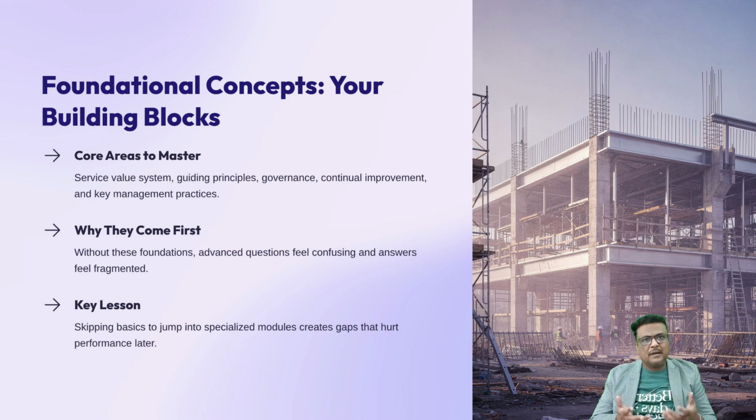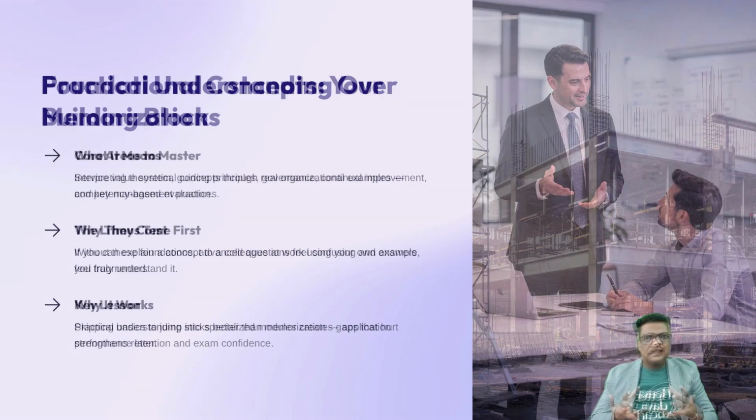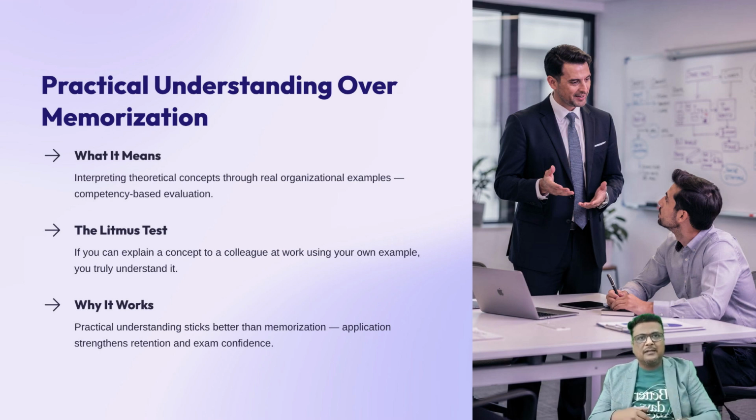So now that we've mastered core knowledge, you might be wondering how to balance theory with real-world examples. And that leads us into practical understanding. Practical understanding means interpreting theoretical concepts through real organizational examples. Formally, this aligns with competency-based evaluation in modern certification frameworks. In simple words, you should be able to explain how a concept works in a real company.